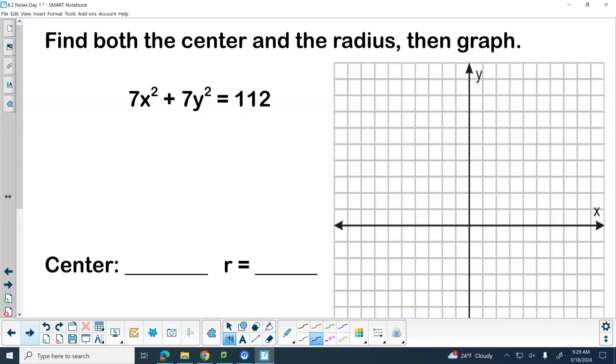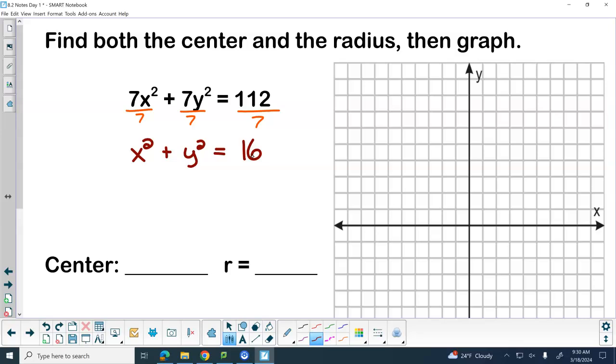So before we even start this problem, we first have to divide all of the terms by 7. That's going to give us x squared plus y squared equals 16. Because you should have gotten 16.